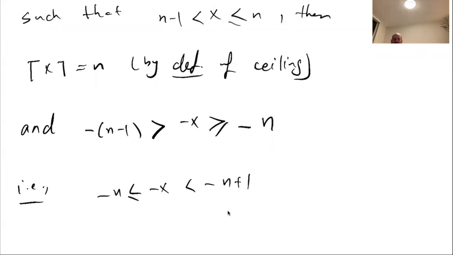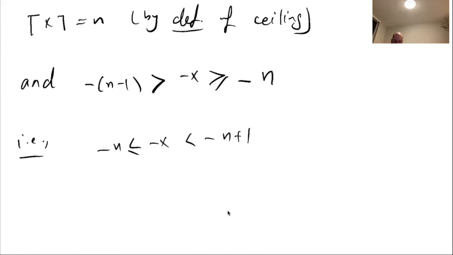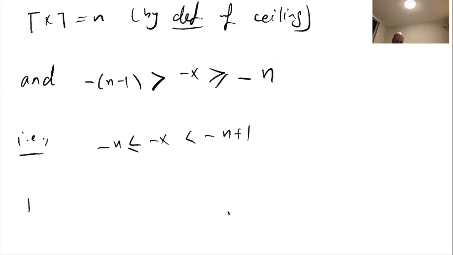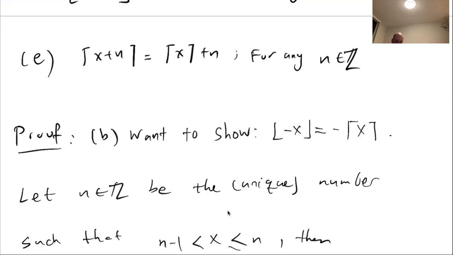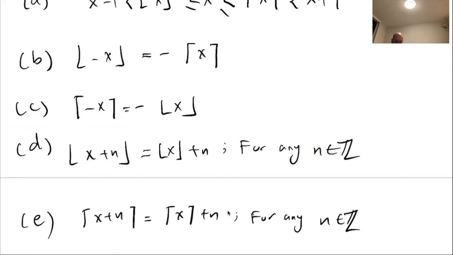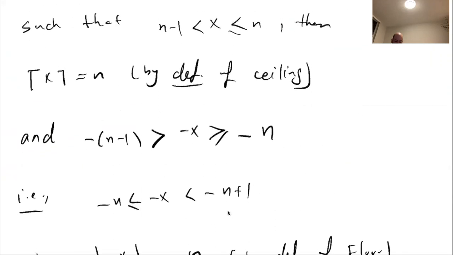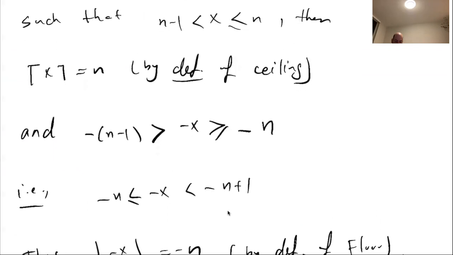And the floor of minus x is what? Thus, floor of minus x equals minus n. Again, by definition of floor. See, in part B, I want to calculate floor of minus x and compare it with ceiling of x. I started with this inequality.